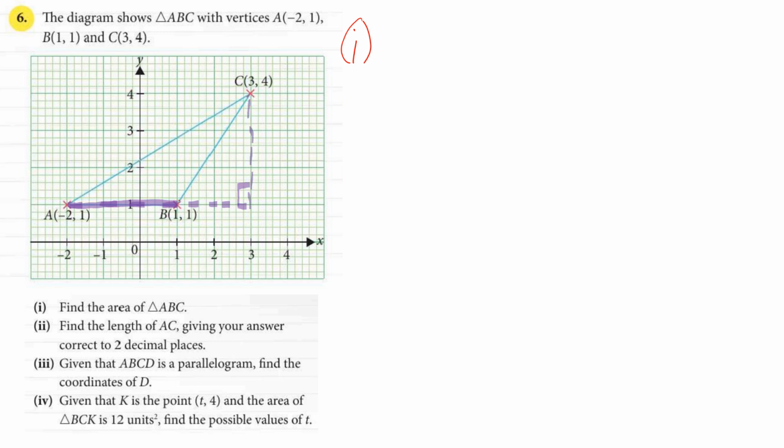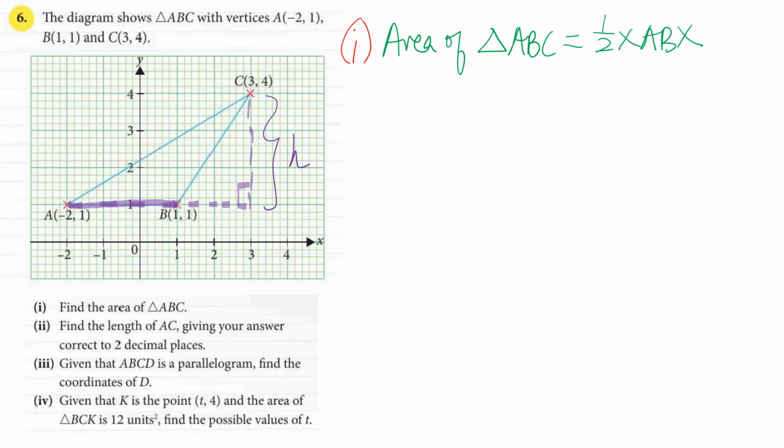This will be 90. Okay, so the area of triangle ABC would just be half times AB times this perpendicular height. Call it H. So that will be just half times AB, which is the horizontal line.